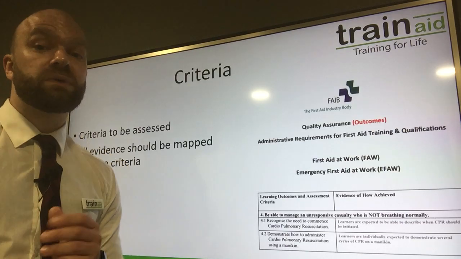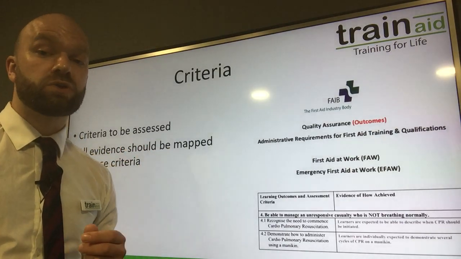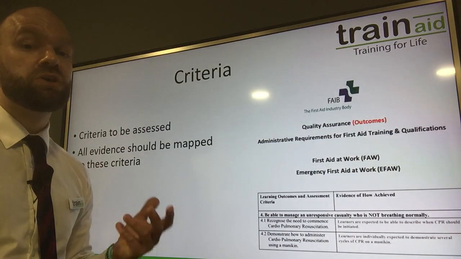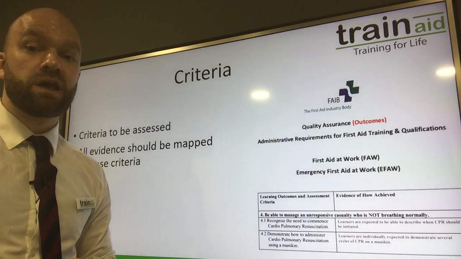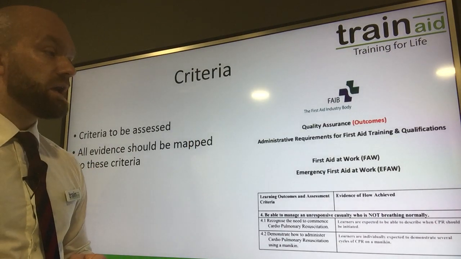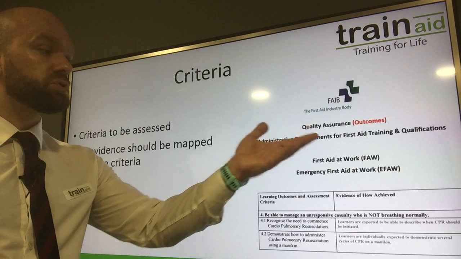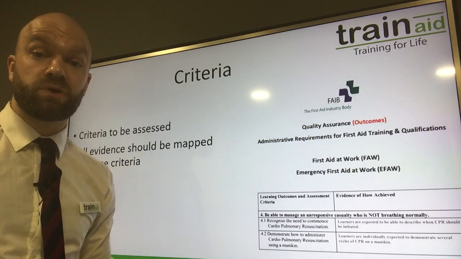The very next step is your criteria. You need to be clear on what criteria or standards you are going to be assessing or judging your learner against. Here we have a CPR example, and we have the standards or criteria from the FAIB, which is the first aid industry body.